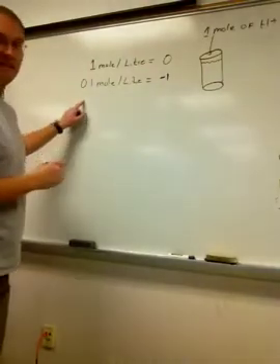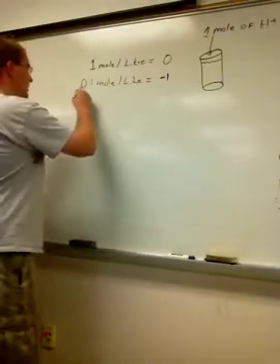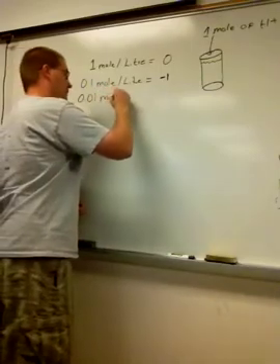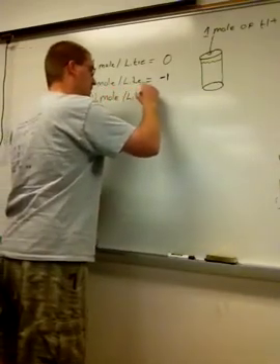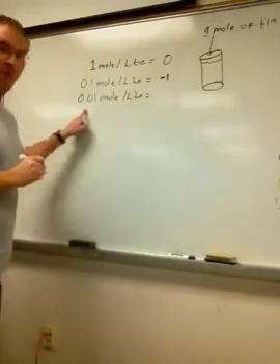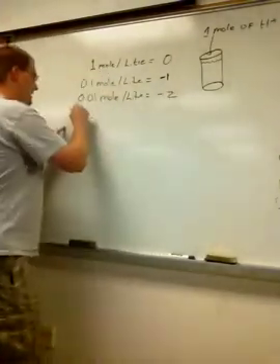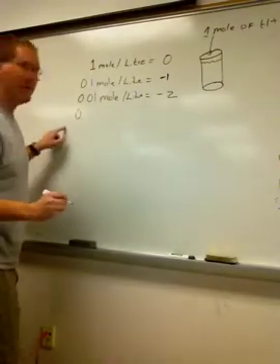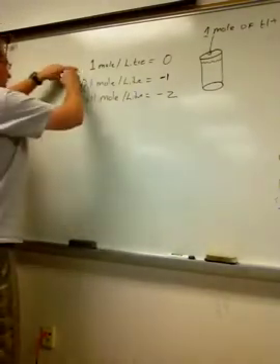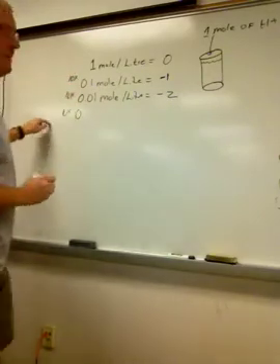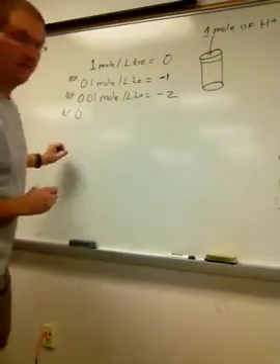Now let's make it yet 10 times weaker still, 0.01 moles per liter. And what is the log of 0.01? -2. And let's go ahead and make it even 10 times weaker. So you can see what I'm doing is it's 10 times, 10 times, 10 times. That is the base 10 of my logarithm.